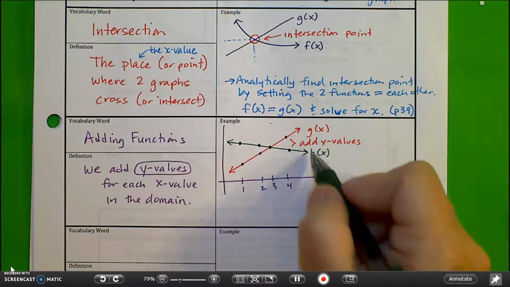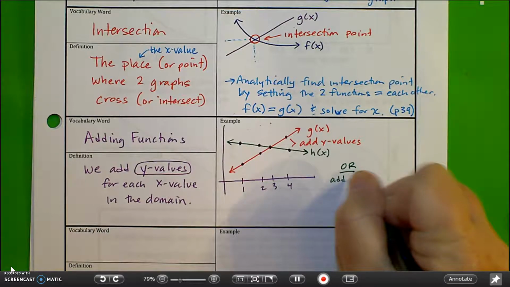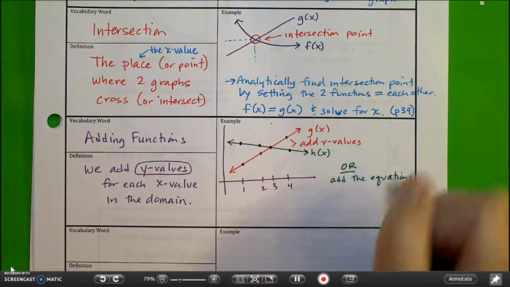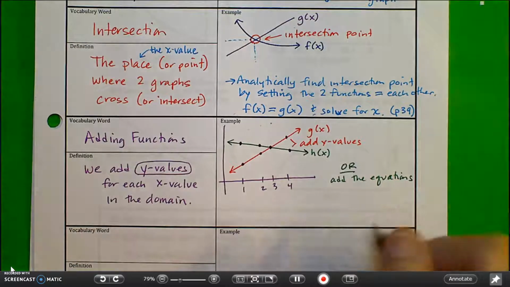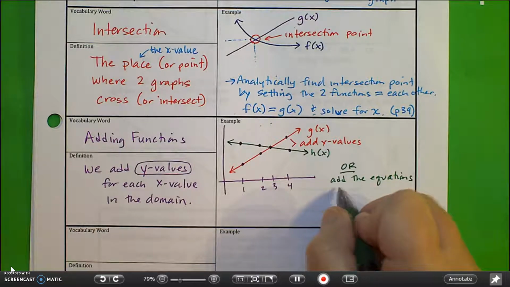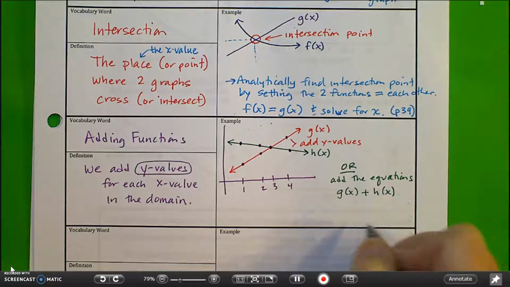alternatively, if you have the equations for these, you can add the equations themselves. And this is what we did for the pool problem with Allie and Dane's pools being drained. We added those equations together. So add the equations, say in this case g of x plus h of x, combine like terms.